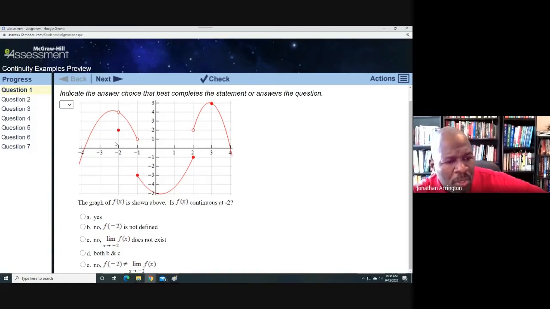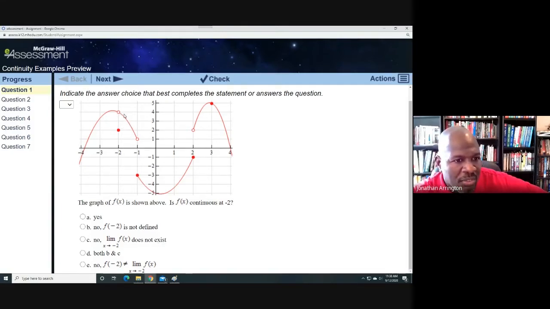So what is making a function not continuous? So answer choice B says f of -2 is not defined. Is that true? That's not true. F of -2 is defined. F of -2 is 2. Answer choice C says the limit as x goes to -2 of f of x does not exist. Is that true? That's not true. The limit exists. The limit is 4.